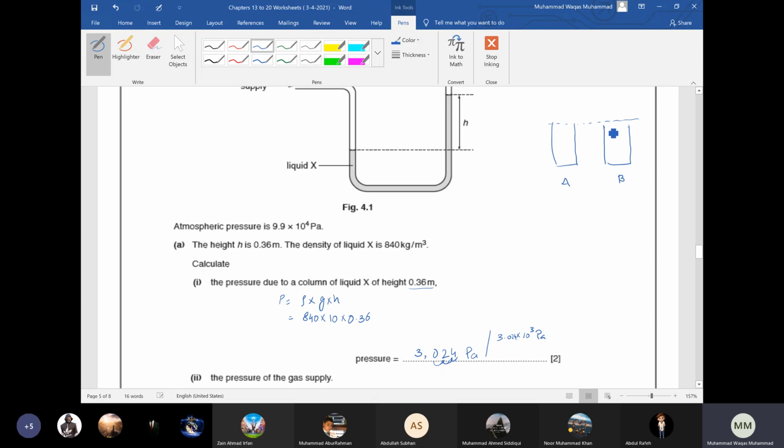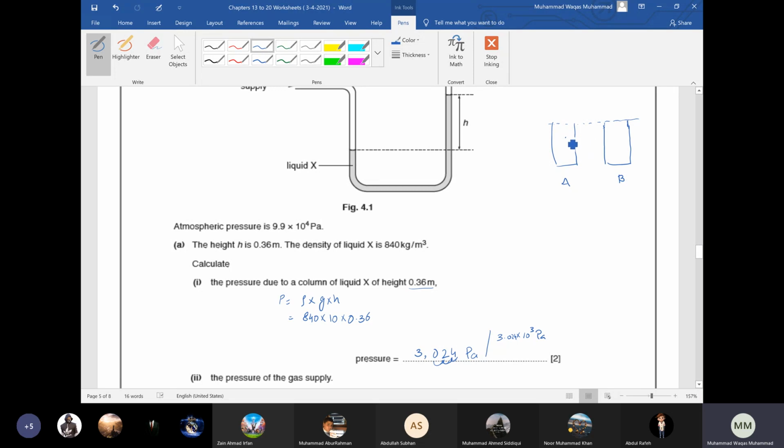Beta, you remember we studied in the properties of liquids that liquid pressure increases with depth. At any particular depth, pressure acts equally in all directions, right? Pressure does not depend upon the shape of the container, right, beta? And pressure also depends upon the density of the liquid, right or wrong? Yes, sir. Beta, now these are two liquids A and B. Now, beta, we have two points at the same depth.